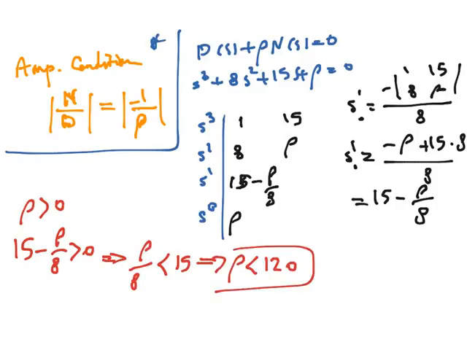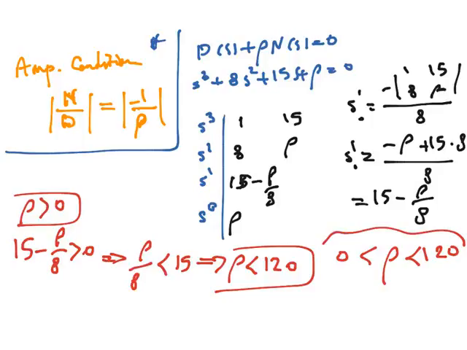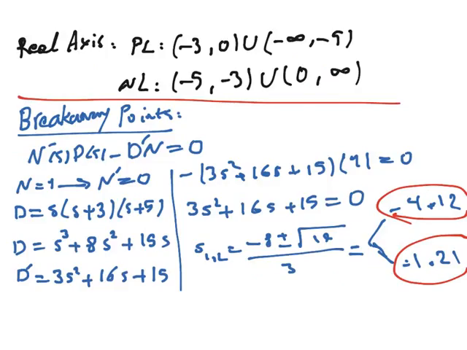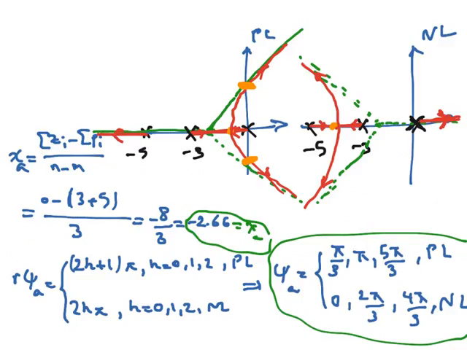So we need rho bigger than 0 and smaller than 120 in order to have BIBO stability for our system. And rho equal to 120 would be the point at which our branches cross the imaginary axis.